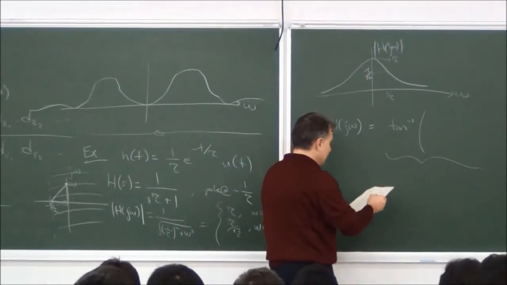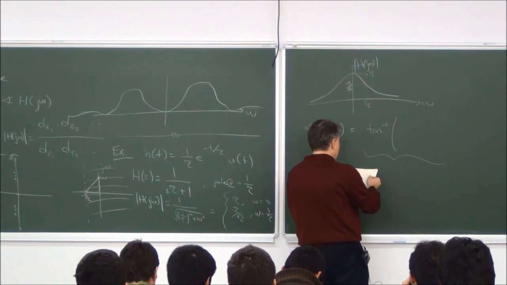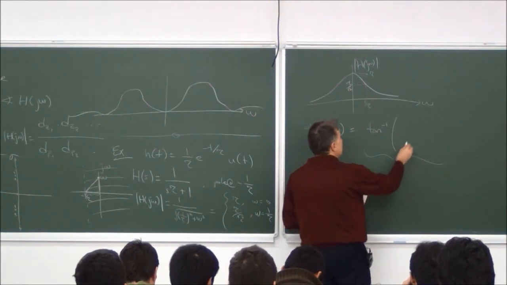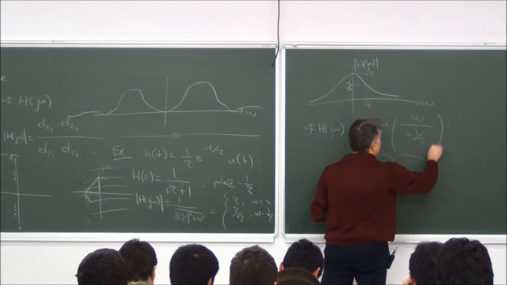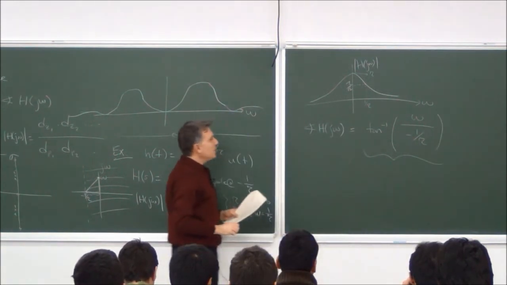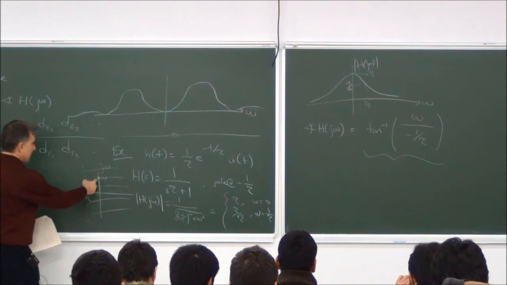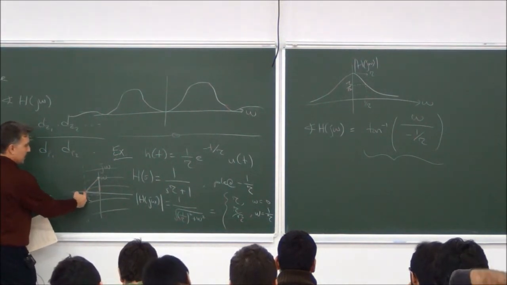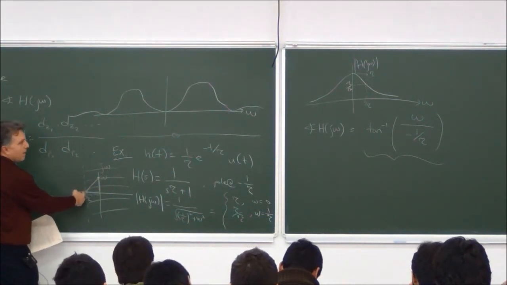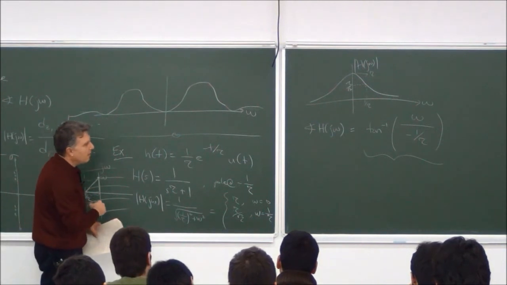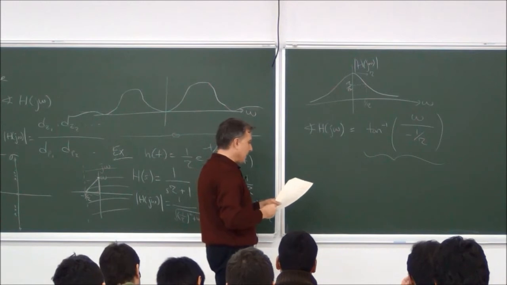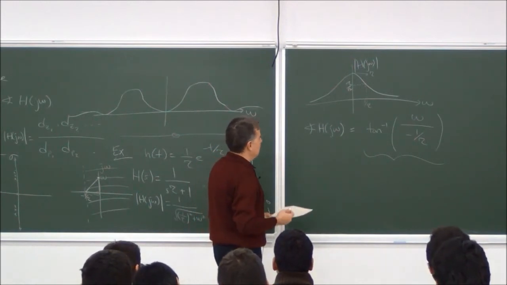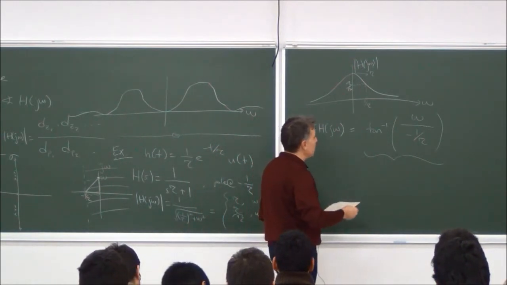What is that angle? It is the arctangent of imaginary part divided by the real part. And the imaginary part here is omega. The real part is minus 1 over tau. So the arctangent of that will give you the angle term in terms of omega.